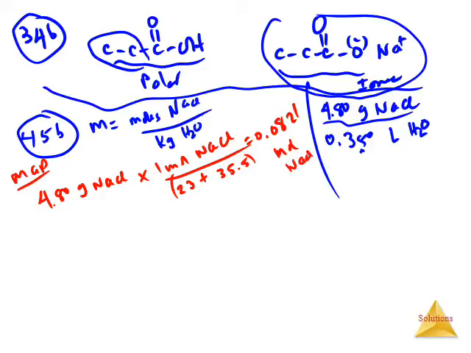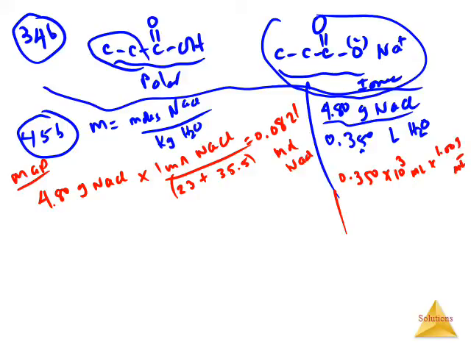Now I need to know the kilograms of solvent. We have liters given, so let's change that to milliliters first. 0.350 liter, multiplied by 10 cubed to get mL. And water density is close to 1.00 gram per mL.